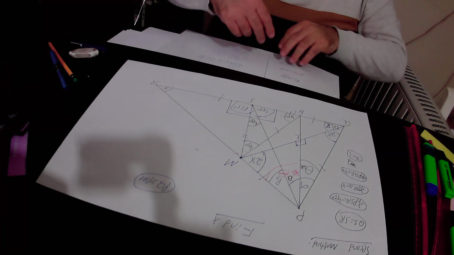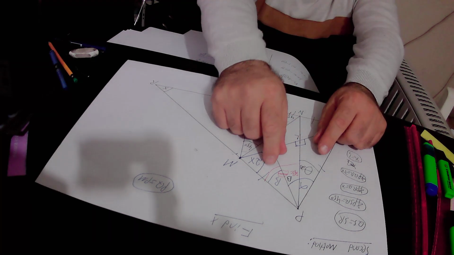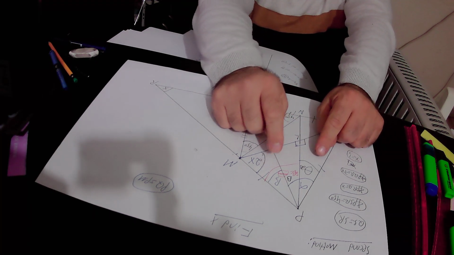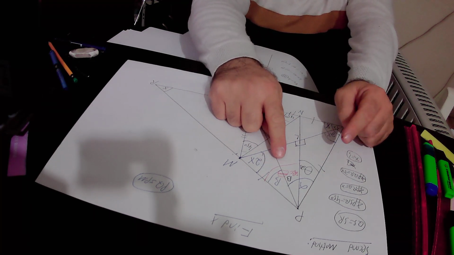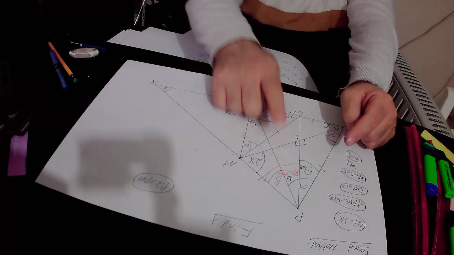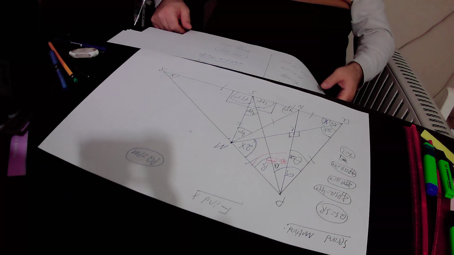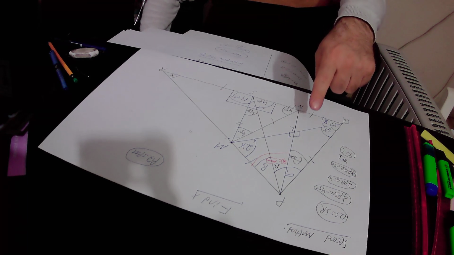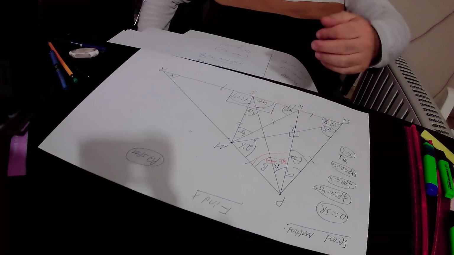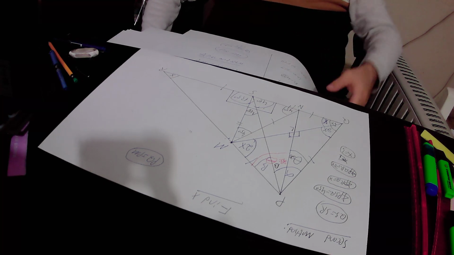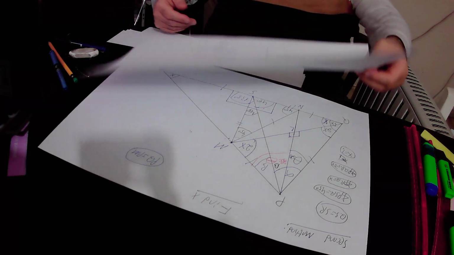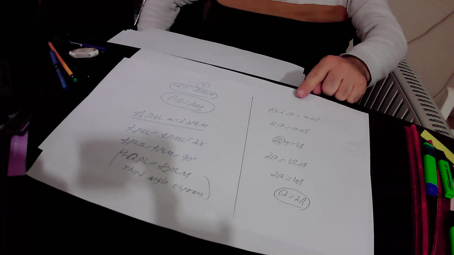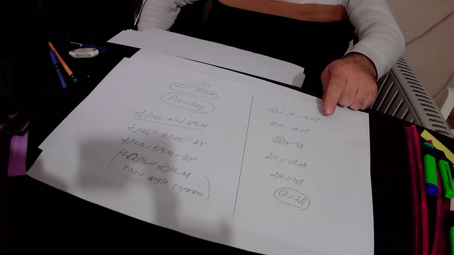Because the angles sum to 180 degrees, so those angles are equal to each other. Therefore, if one angle is theta, then the other angle will also be equal to theta. And as you can clearly see from the drawing, theta plus theta equals alpha plus beta. That is to say, 2 theta equals alpha plus beta.